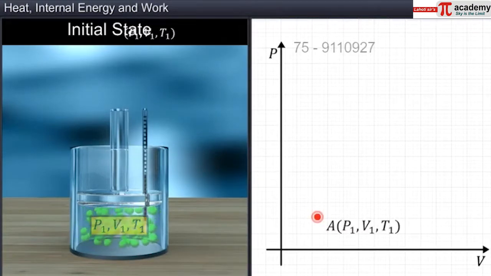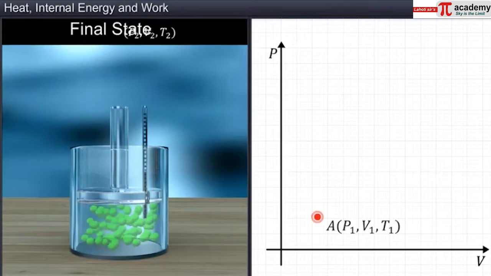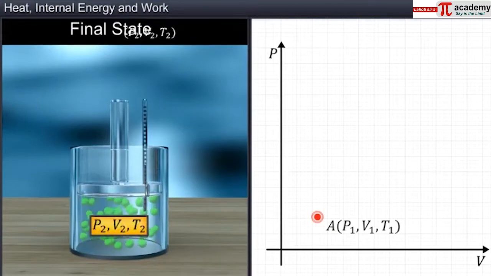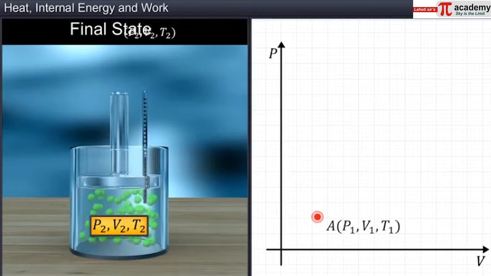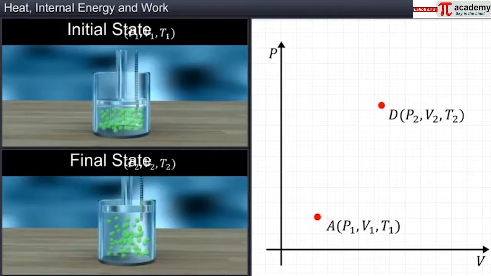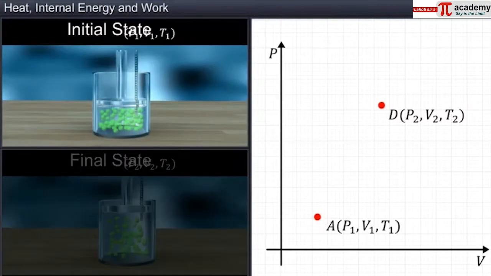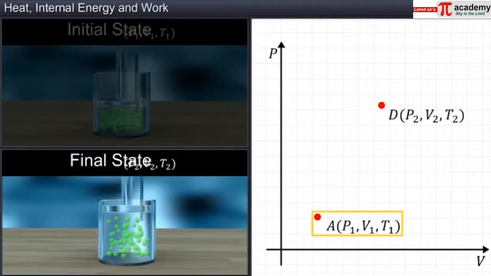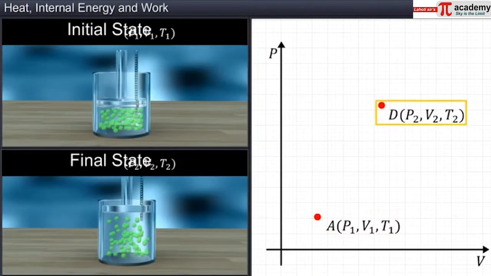Let us take the gas to a new or final state, described by P2, V2, T2, and identified by D in the PV diagram. We shall take the system from the initial state A to a final state D in two different ways.